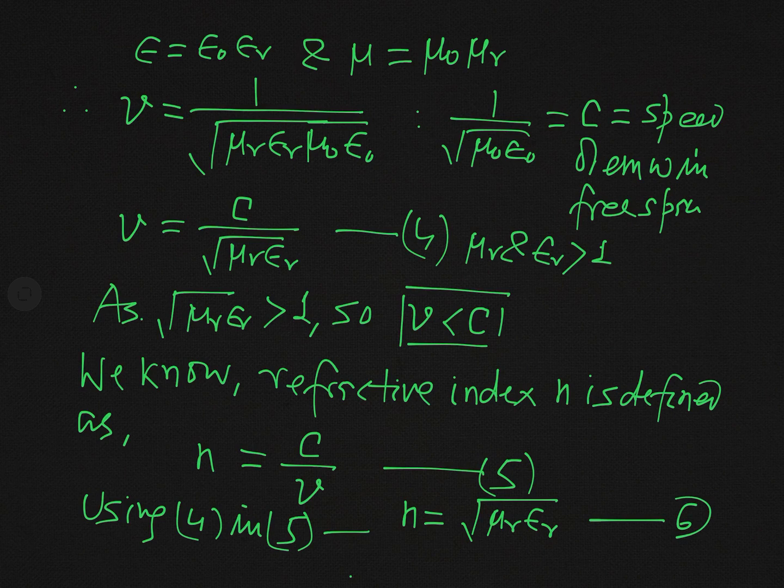Actually, this is also a very important result. For a non-conducting medium, the isotropic dielectric medium is a non-conducting medium, and at the same time it is also non-magnetic. You cannot induce magnetism in it. So we say that the isotropic dielectric medium is a non-magnetic medium, and for a non-magnetic medium the relative permeability mu r is equal to 1.